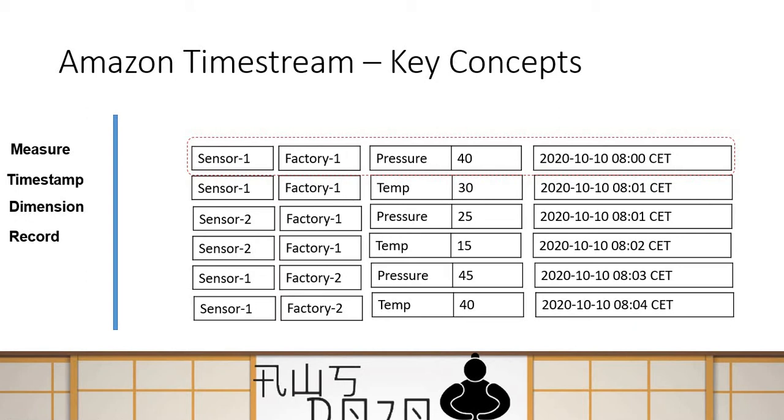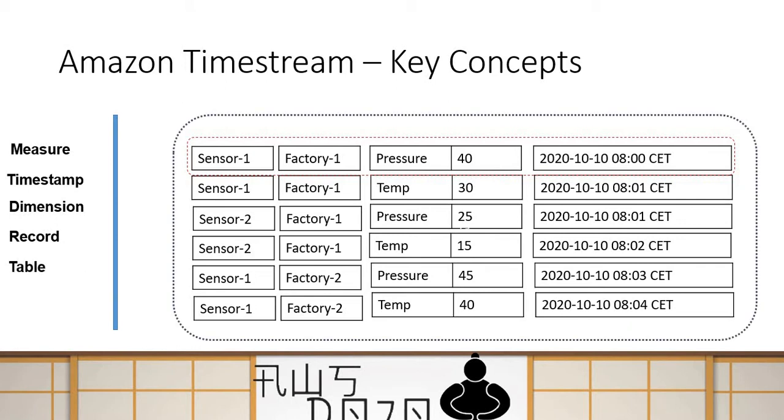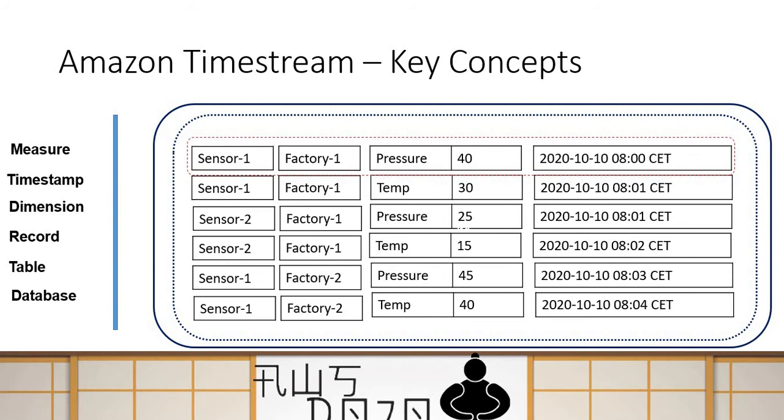Okay, and then these records are inside a table. You can have multiple tables, and each table can have its own set of records, and each record will have its own dimension, measure, and timestamp. So all these records are bundled under a table, and you can have more than one table, and you can put them inside a database.